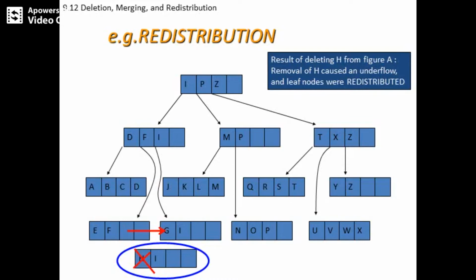I will copy the characters in such a way that neither node becomes underflow, so both nodes will be balanced now. What I have done is copy G to the next node where H was. So H I have deleted, and in that place I have copied G. This type of option we call redistribution. So this is about deletion, merging and redistribution of BTree.